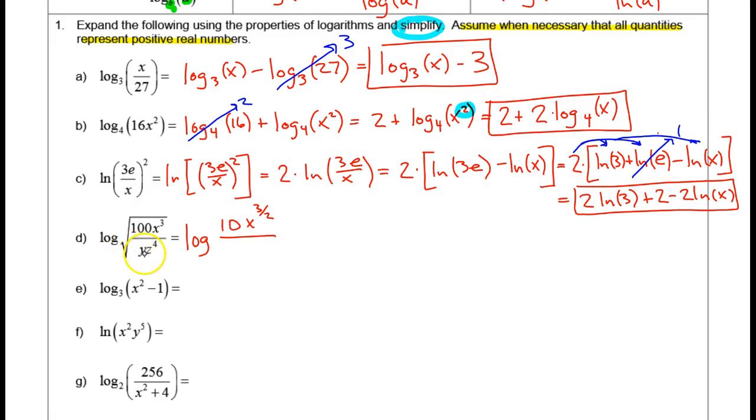The square root of y, I'm going to rewrite that as y to the 1/2 power. And then the square root of z to the 4th, well, that's going to be z squared. So I just rewrote that to take care of the square root symbol up front. From now on, throughout the rest of this problem, let's use properties of logarithms.